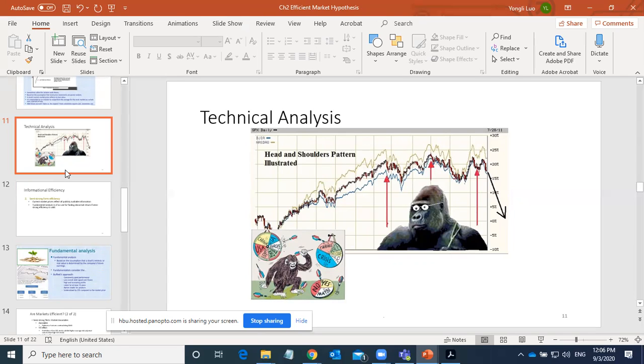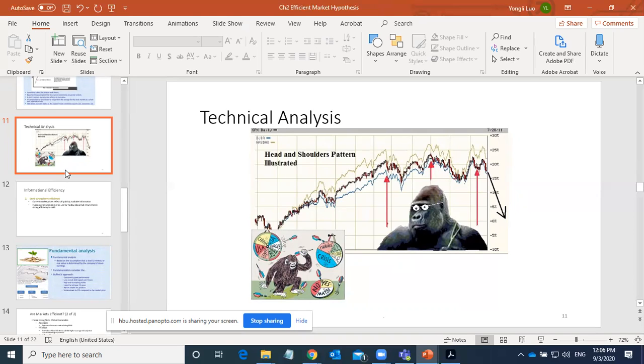The other was a chimpanzee flipping darts: if the dart hit the target, they buy, and if it didn't, they sell. Who is going to win?